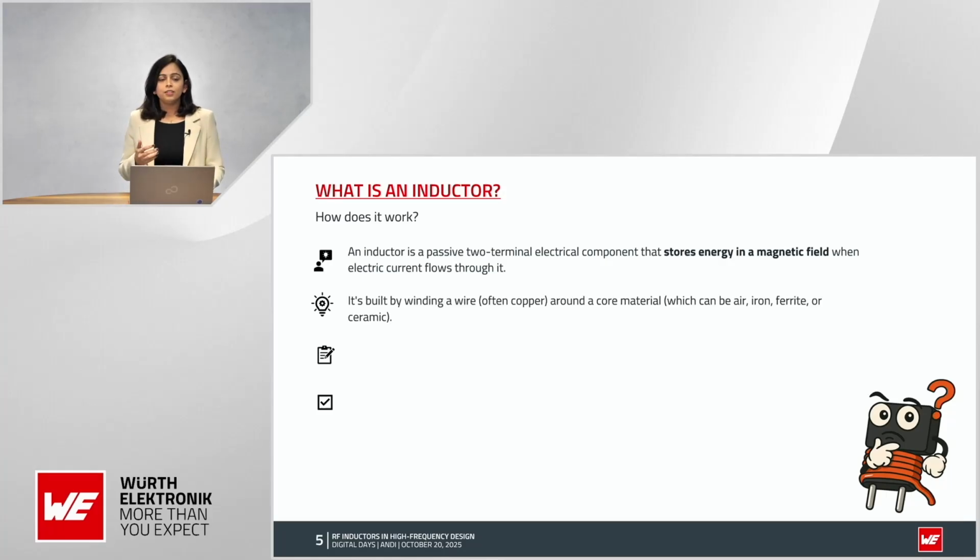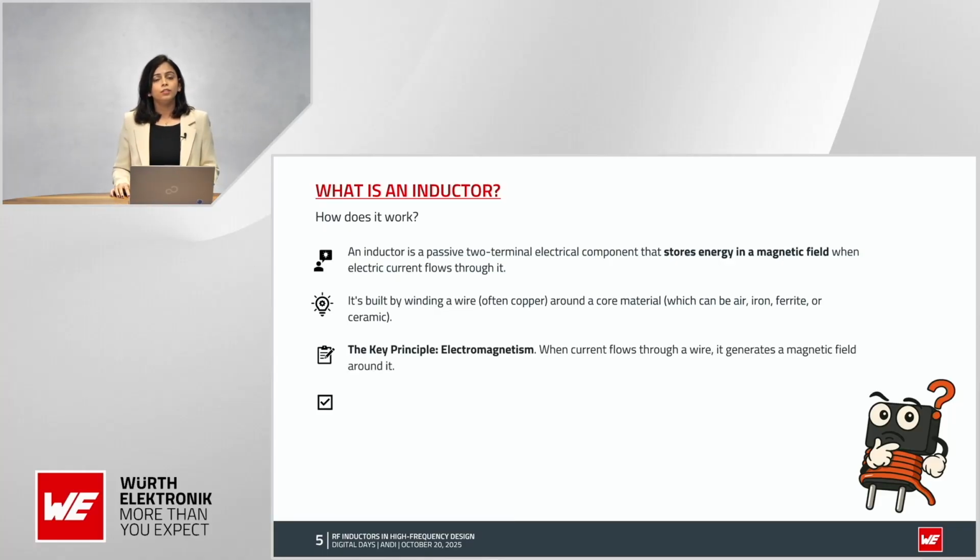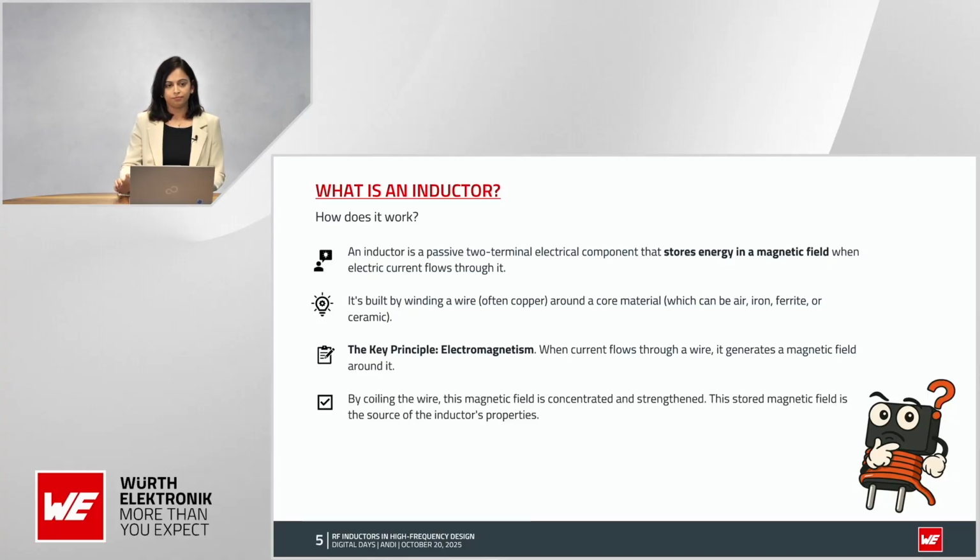Now, an inductor is built by winding a wire around a core material. This core material is not just a placeholder, it's a very specific design choice. We will see how it influences the inductor choice depending on our application. The key working principle is classic electromagnetism: when a current flows through a wire, it generates a magnetic field around it.